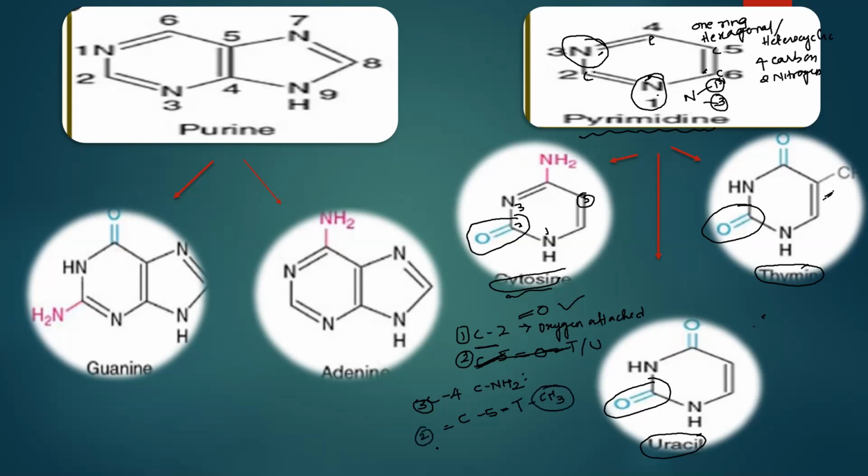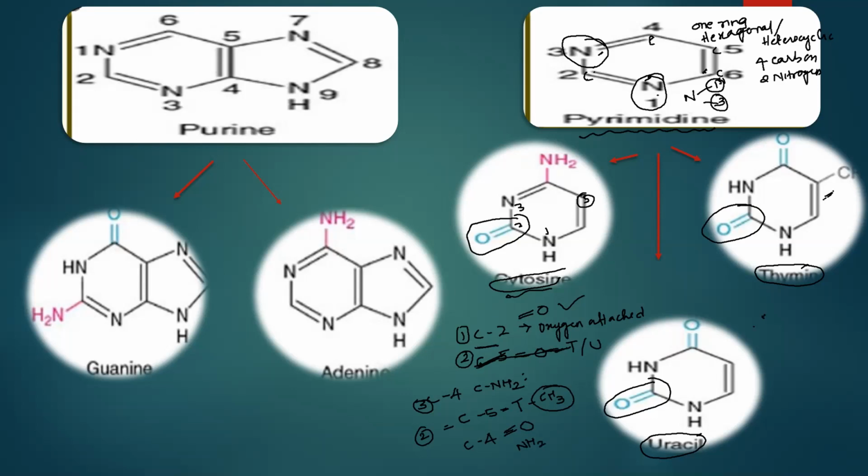And the third point is C4, the fourth carbon. What do you have? You have either a double bond O, or you have the NH2 group, right?